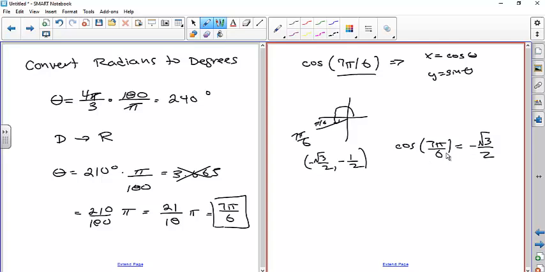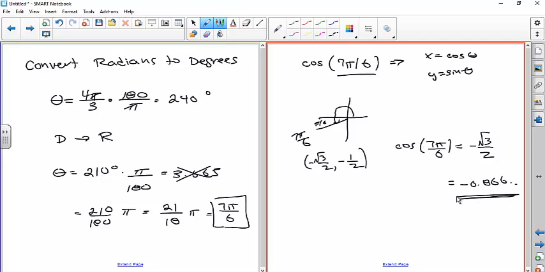And again, you could plug it in your calculator, the cosine of 7 times pi divided by 6, and if you plug that in your calculator, you get negative 0.866 something something.